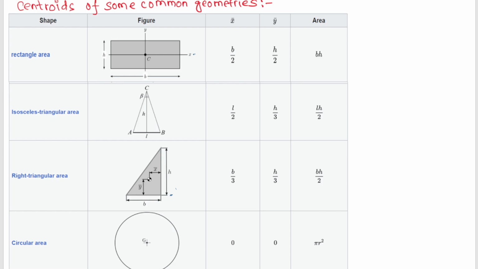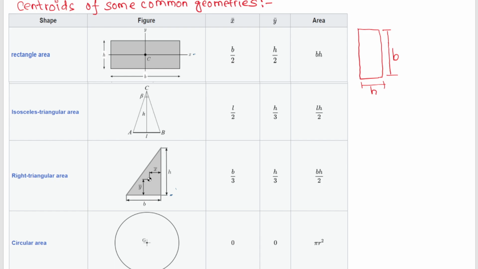Now it's not only about the geometry dimension. How this particular geometry is placed in the figure also plays a significant role. So if I am going to flip this geometry, now this becomes h. Now h is my new breadth and b is my new height.